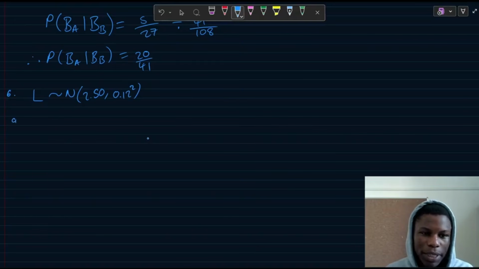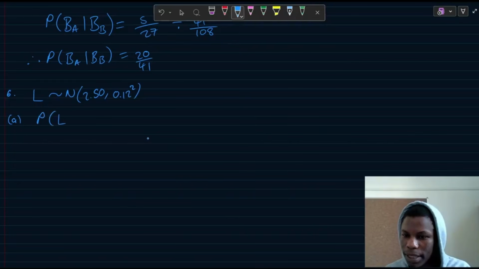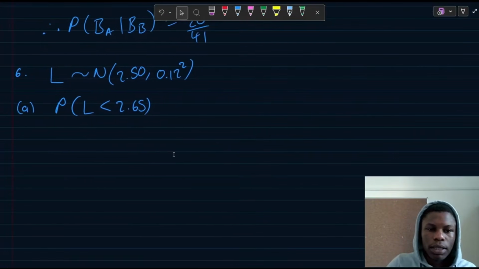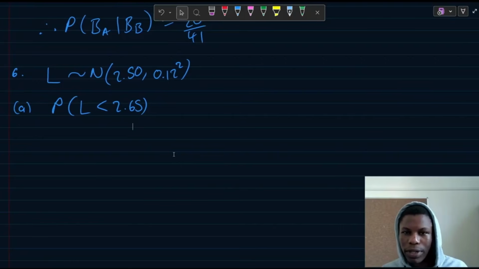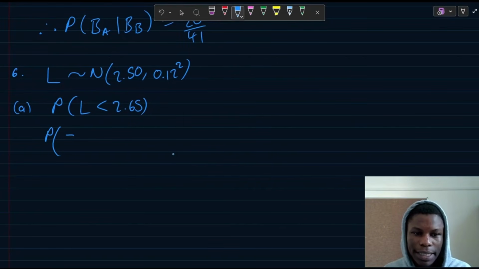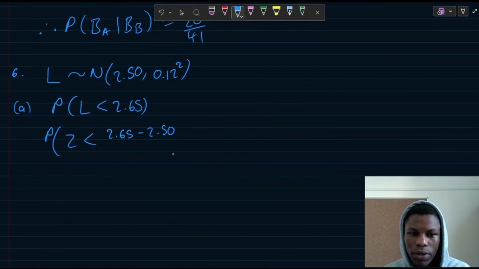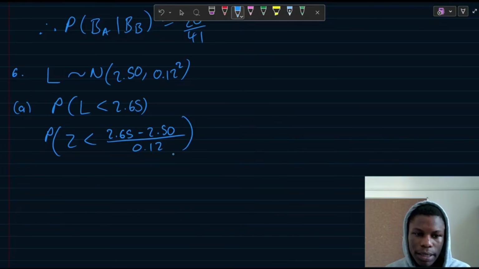Okay, and then for part A, they want the probability that the mass of pasta is less than 2.65. So this is a very straightforward question. You just standardize. Probability that Z is less than 2.65 minus the mean, which is 2.50, over the standard deviation.